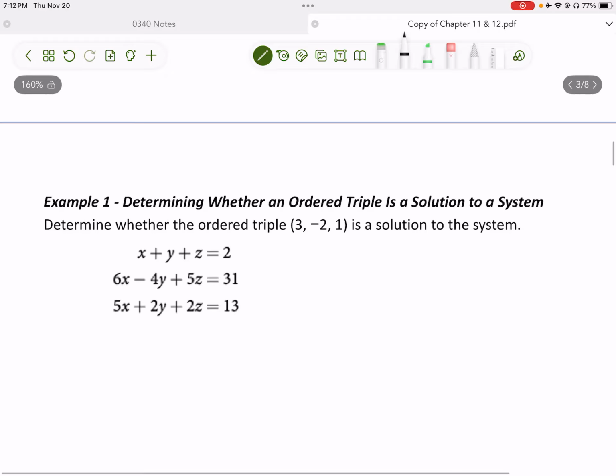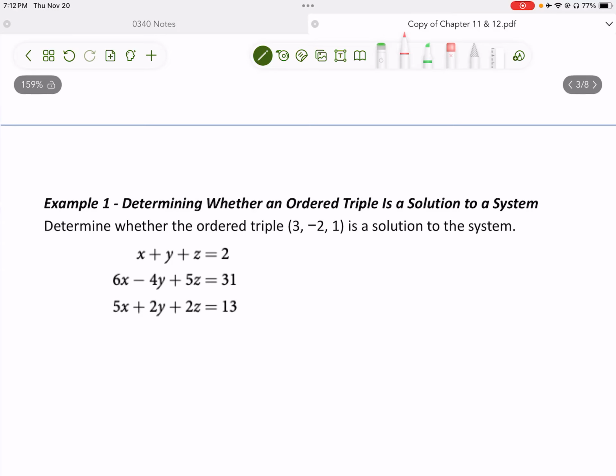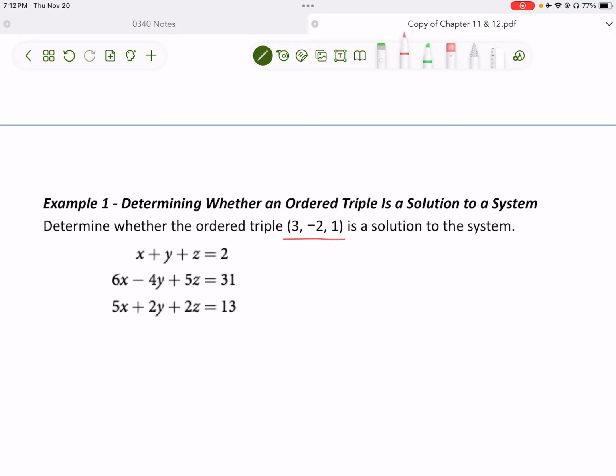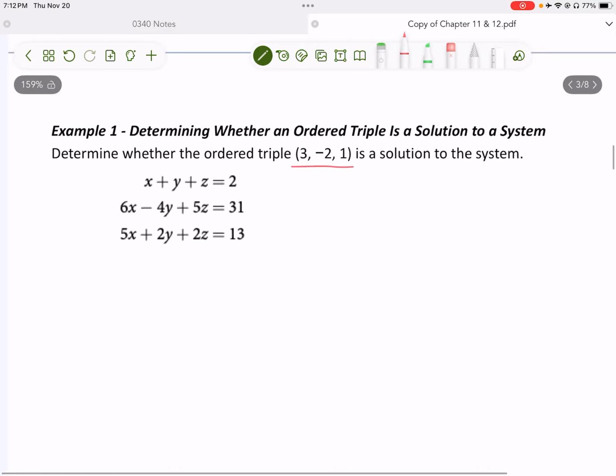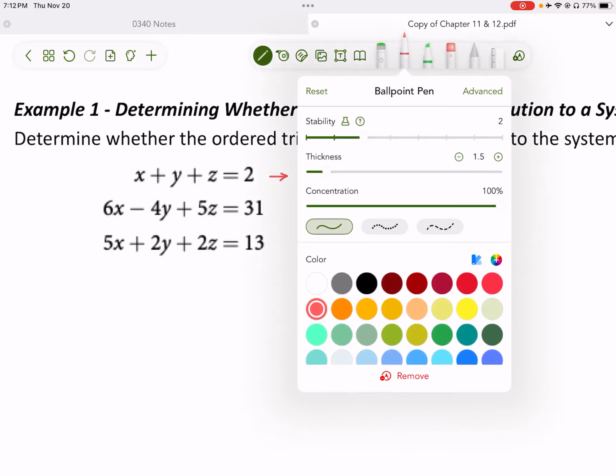Now, we'll do this example where we have to confirm or deny that this ordered triple is going to be a solution to the system. The best way to do that is to just plug in those points and check and see if they equal 2, 31, and 13. All three of them must work in order for this to be an ordered triple. So let's just go ahead and start with the first one. We have 3 minus 2 plus 1. Is that equal to 2? Yes.